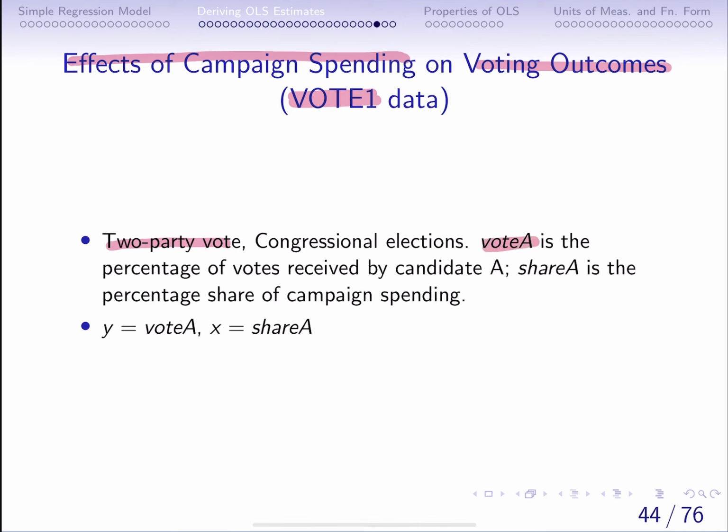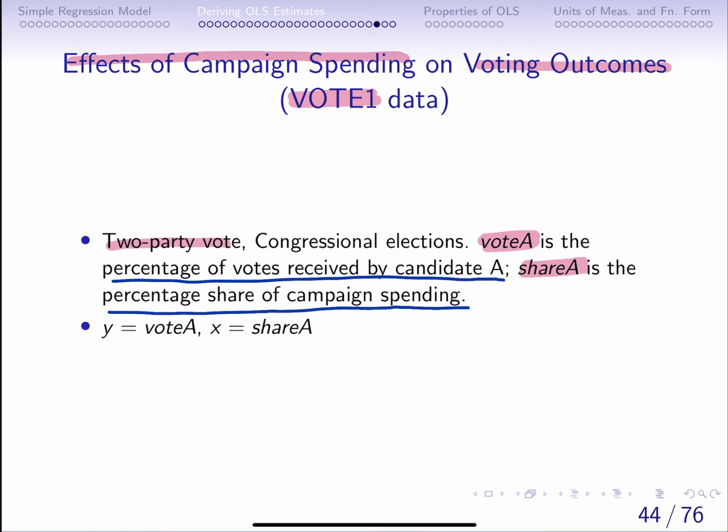And voteA, the variable voteA, is capturing the percentage of votes received by candidate A. And shareA is capturing the percentage share of campaign spending that's going to candidate A. So here we're trying to predict Y, which is voteA, as a function of the share of those expenditures on candidate A's campaign.